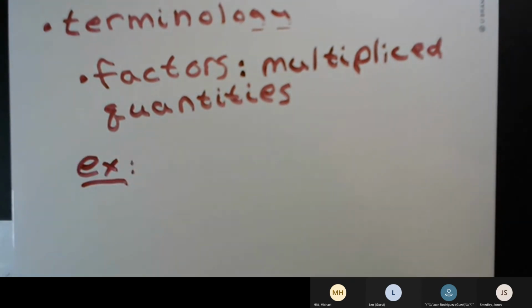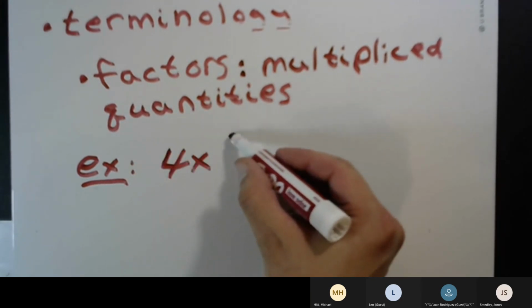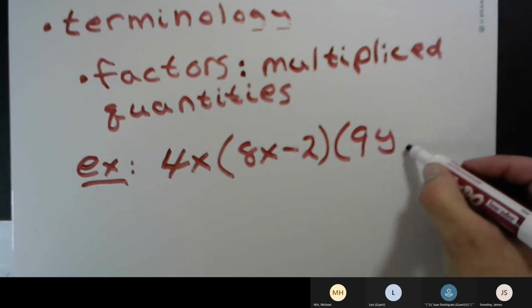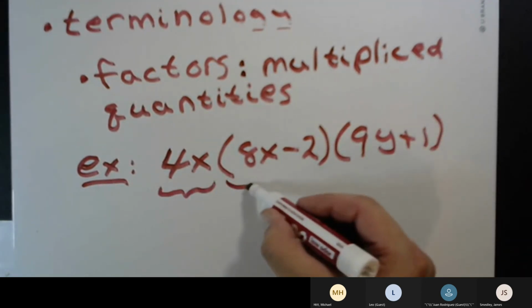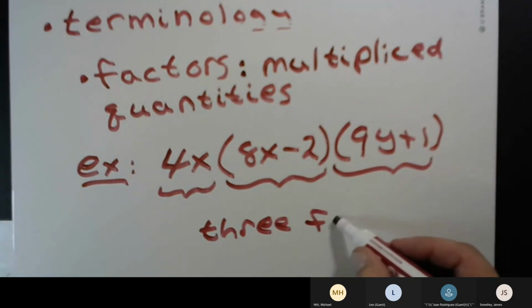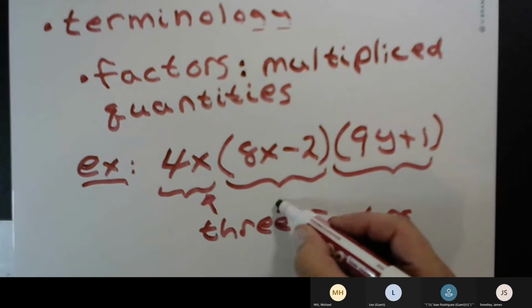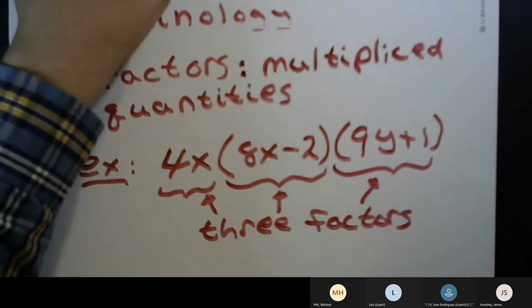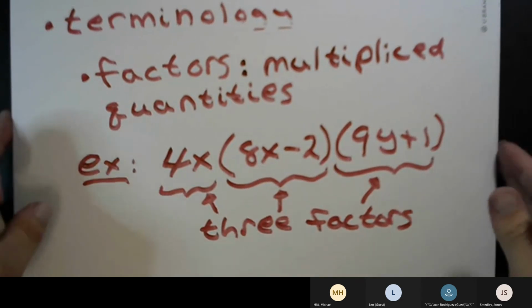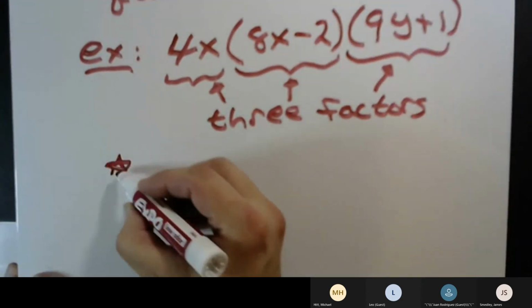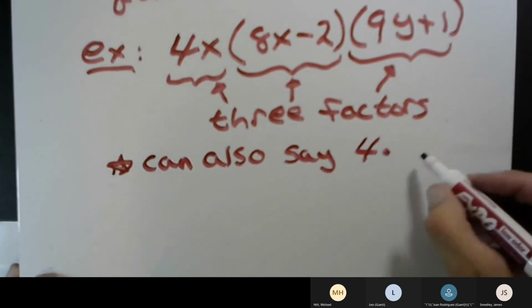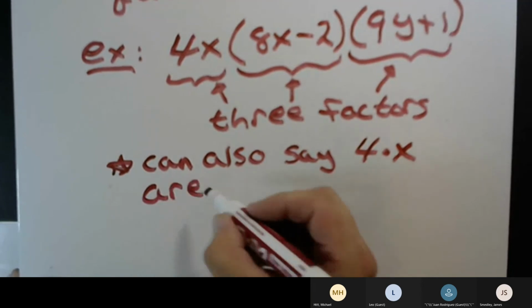So for example, these are 3 factors. And you could technically argue if you wanted, this 4x, this 4 times x, are really 2 factors and not 1.